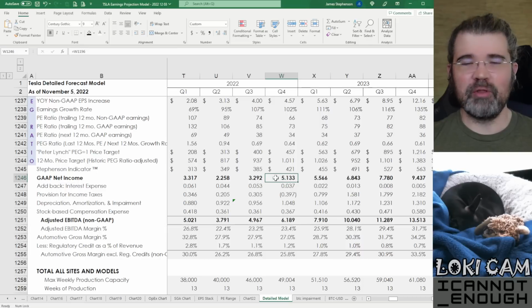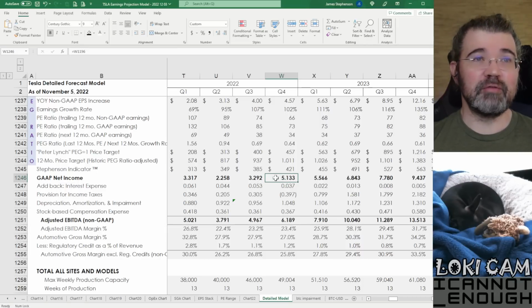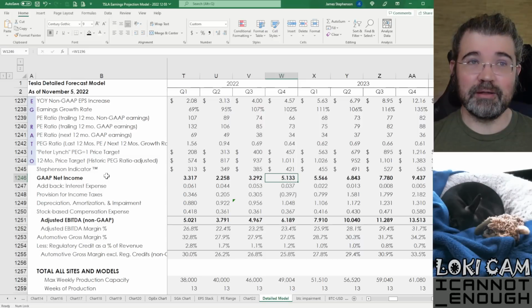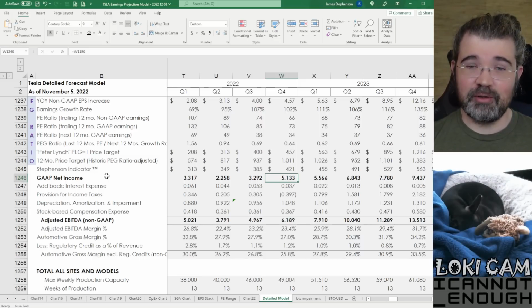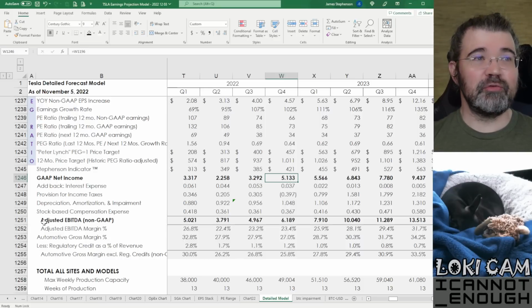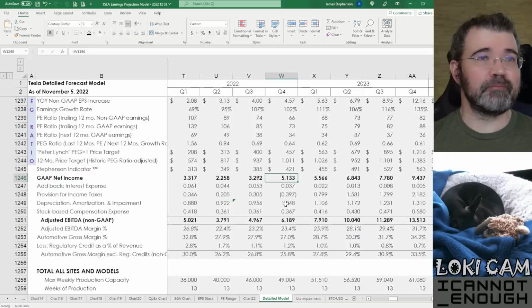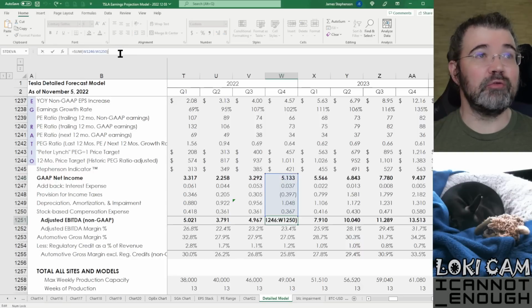So if the 5.133 billion worth of GAAP net income is after you've accounted for those expenses, then to get what it was before, you have to back those items out. So that's what this sum is doing.